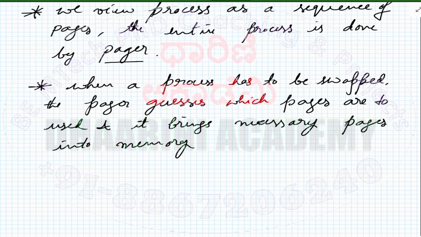So it avoids reading into the memory pages that will not be used. Total required swap time is also reduced, physical memory use is also reduced, all these things will happen. Anyway, we know that already. Now, using this scheme, we need some specific hardware to distinguish the pages that are in the memory and the pages that are actually present on the disk. The disk has been shown in a cylindrical format, which can be the hard disk.